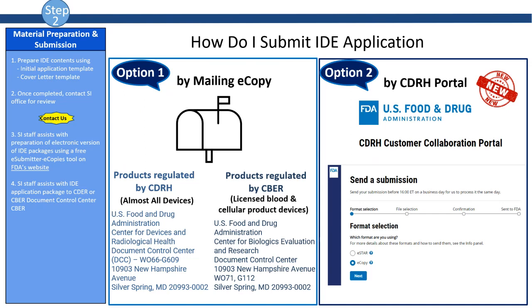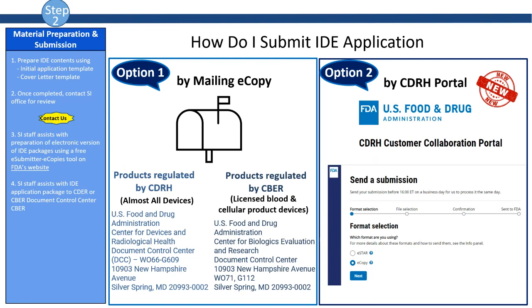Whereas for licensed devices working with the blood and cellular products, IDE submissions go to CBER via eCopy or email attachments. The FDA has now plans to gradually eliminate paper submissions by October 2023 to make the process relatively simple.